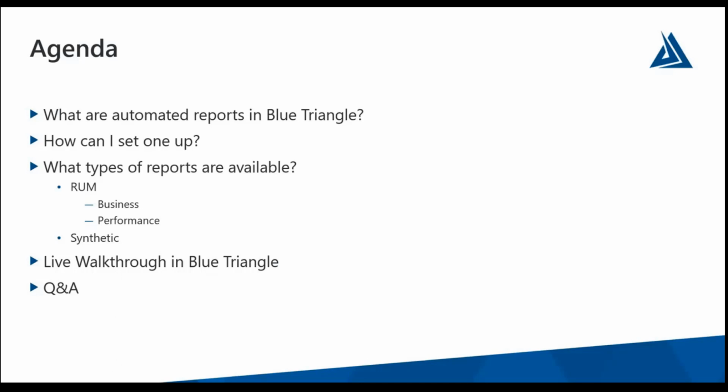There's a great report called the Script Performance and Availability Report, and that shows all sorts of data about the uptime of the measured pages, as well as the content size of those pages, and how that is changing over time.